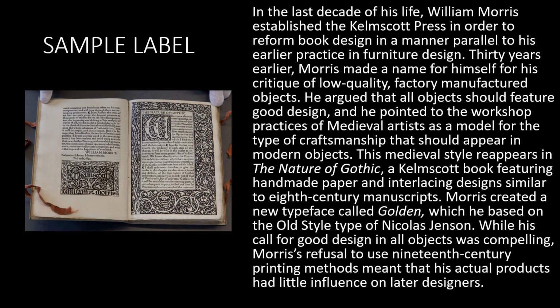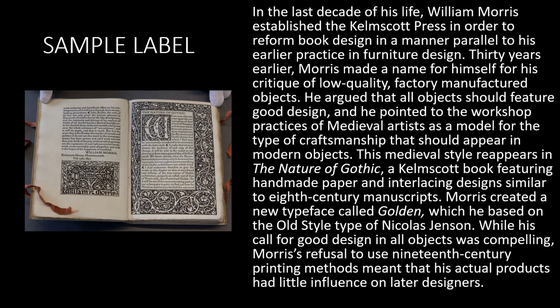So notice that I'm starting with just the most brief biography of William Morris in the last decade of his life. William Morris established the Kelmscott Press in order to reform book design in a manner parallel to his earlier practice in furniture design. So one sentence says that his goal is to reform book design. He'd already done this in the past in furniture design.